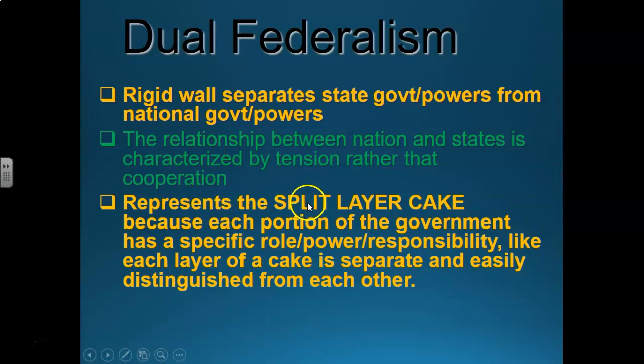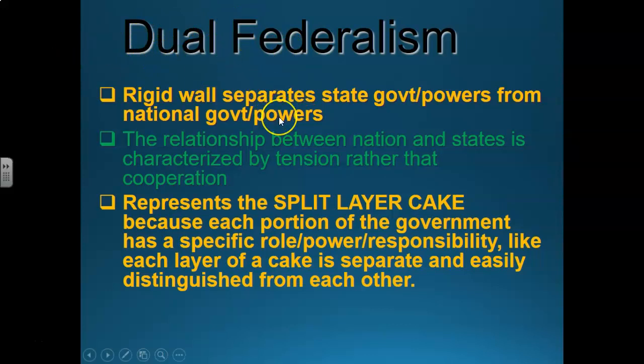It's represented in the split layer cake because if you've ever seen a split layer cake, you know that there are different levels of the cake and they are very distinct. They don't merge with each other. They are very specific layers. That's to simulate that states have very specific powers and the national government has very specific powers. This is what we had up until the Great Depression.